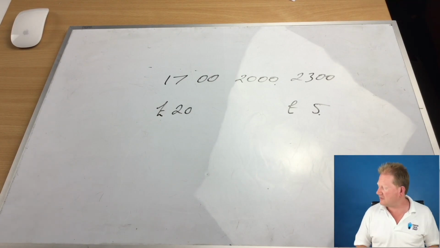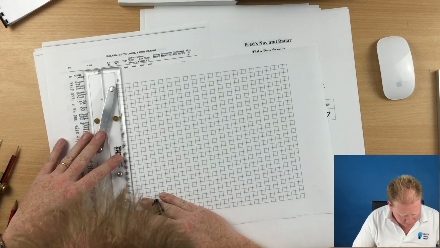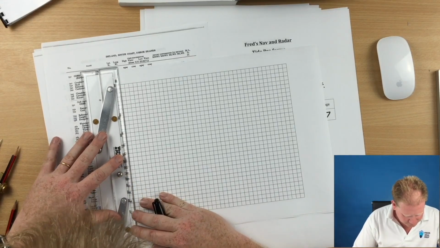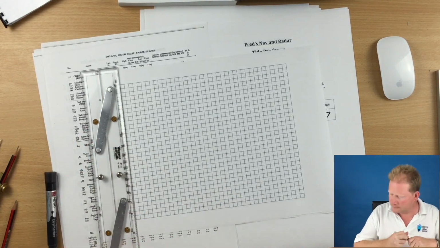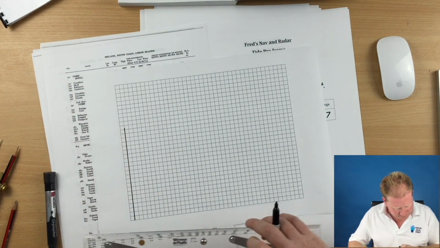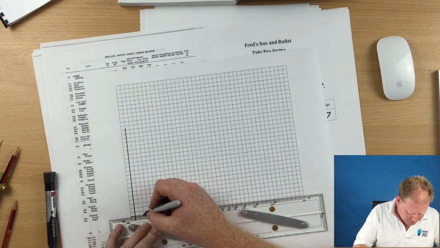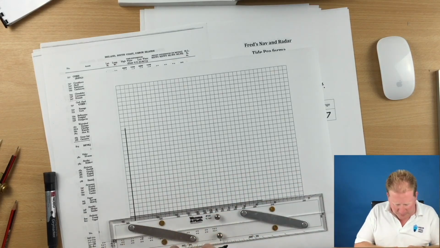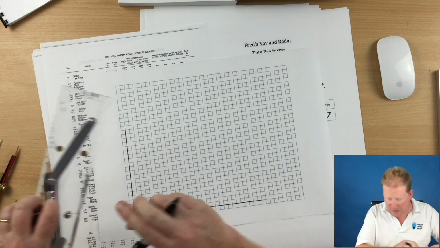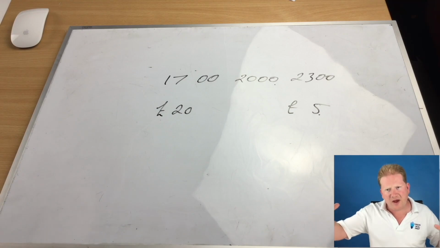Now you could work that out mathematically if it's a linear change, or you can do it with a graph. So let's do a graph to work that out. This graph is going to help us work out how much money we had at 8 o'clock. So the first thing we know is the range, the ends of the scale.